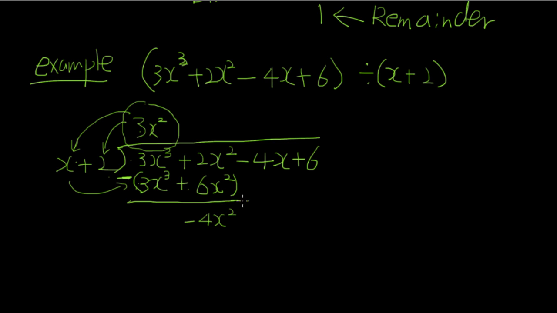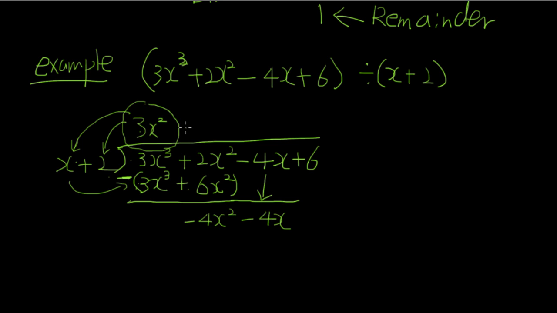Now, once we do that, we're going to extend this line, and we're going to bring this next term right here. So it'll be negative 4x, just like that. Now, we're going to continue doing the same pattern. We'll try to figure out the term that will be multiplied to x, placed right underneath of this, and that should match negative 4x squared.